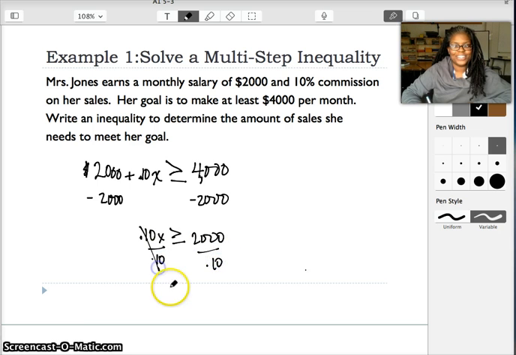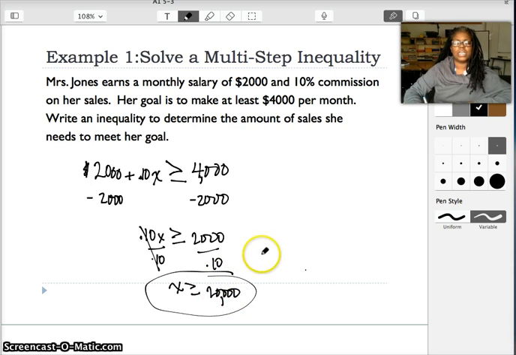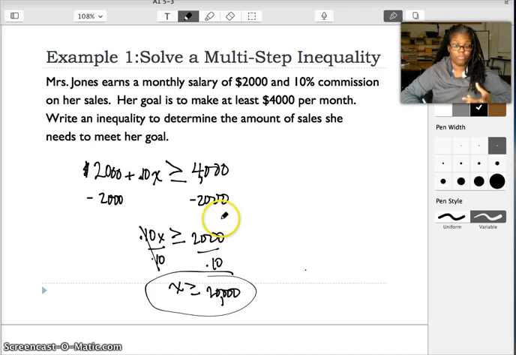And then when we do that, we're left with x is greater than or equal to, well, when I divide a little tiny number into a big number, the result gets larger. And in this case, we have 20,000. So whatever she's selling, she's got to sell $20,000 worth in order to get the 2,000 to put her over 2,000 or more, of course, to put her over her goal for the month.